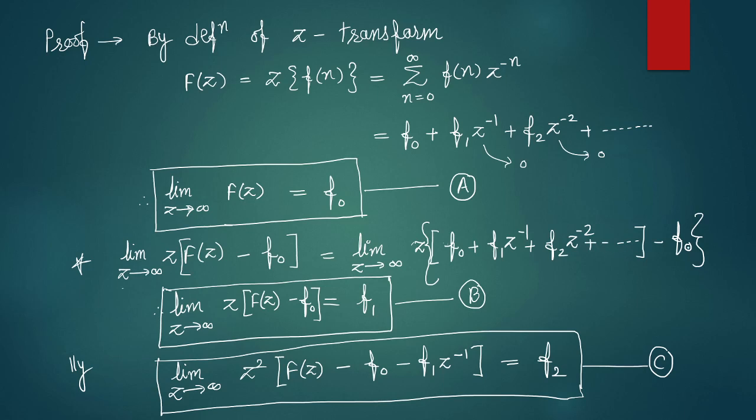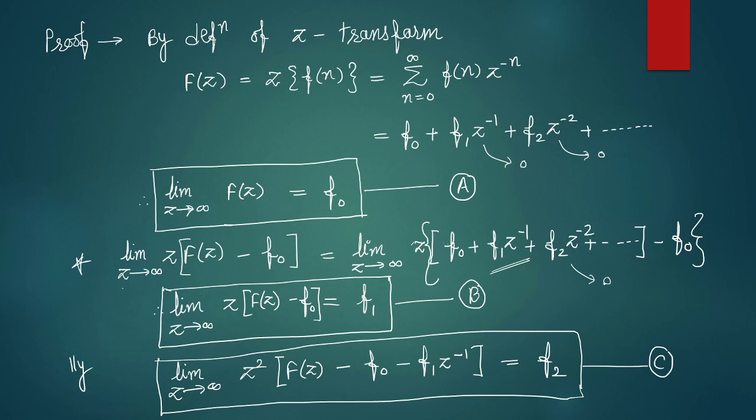And here f naught gets cancelled. Then f1 z to the power minus 1 into z, that means we get f1. And then f2 z to the power minus 1, this term tends to 0. All other terms tend to 0, we get the value of f1. Similarly, we find the value of f2.